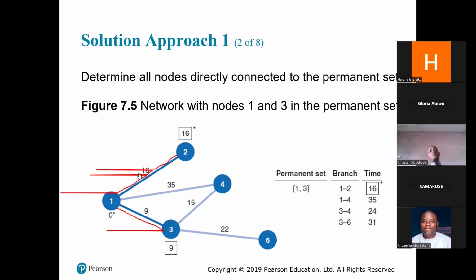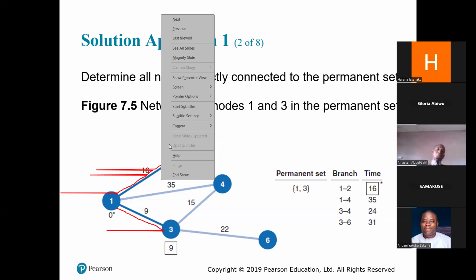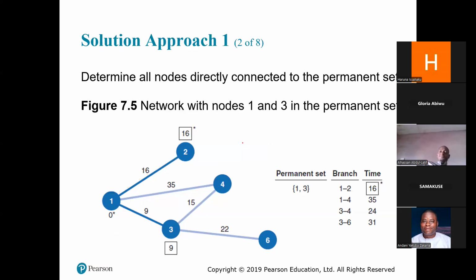But you see that from 1 to 2, it is 16. You can't add anything. There's a direct movement from 1 to 2. Unlike from, say, 1 to 6, there is no direct movement. You have to pass through, so you can come again.